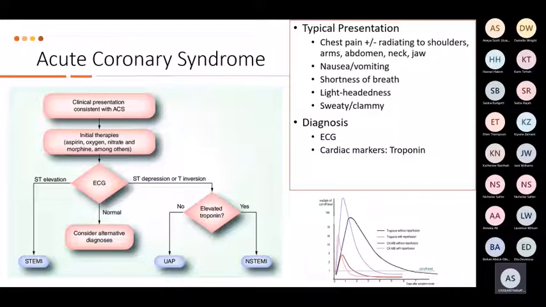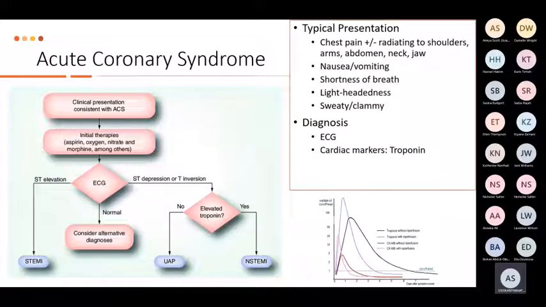These symptoms are usually typical in people with diabetes. Shortness of breath is a classic presentation, lightheadedness, feeling sweaty and clammy as well. And the main things for diagnosis is an ECG and your troponin. This helps classify which type of ACS it is.